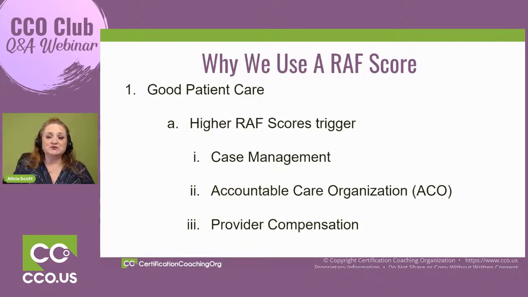Well, why do we use a RAF score? The number one reason is good patient care. So think about this. If we are capturing the chronic conditions that a patient has, and we are taking statistics, and we understand the disease process, and we track all of those, then we're able to formulate plans.